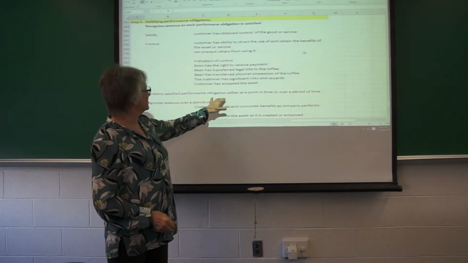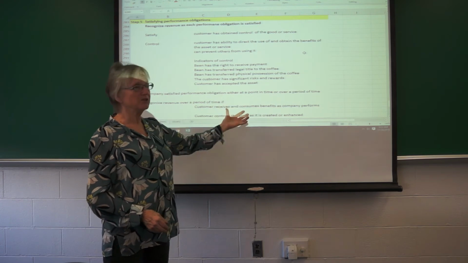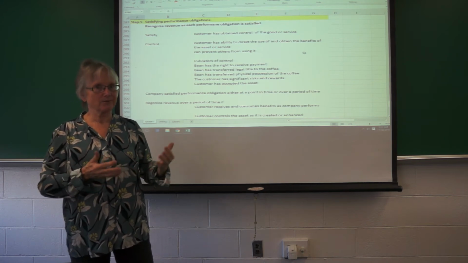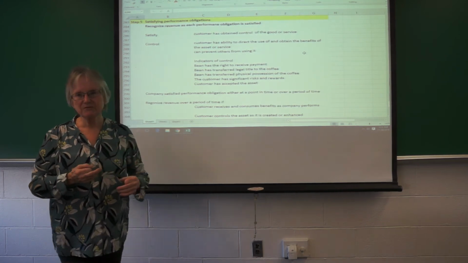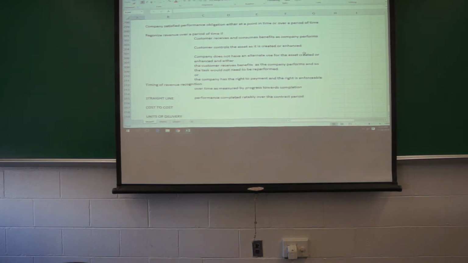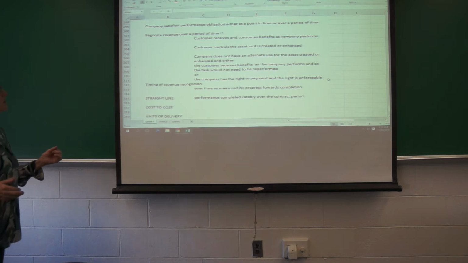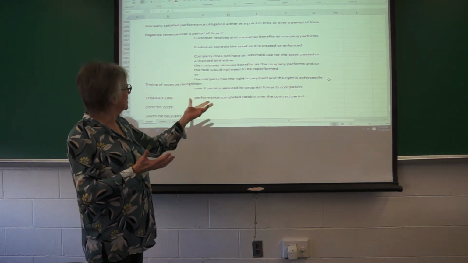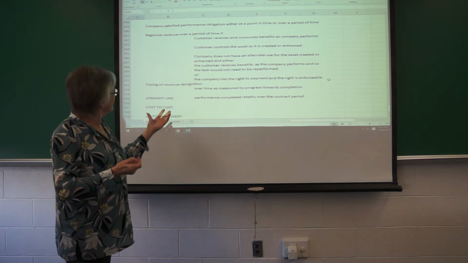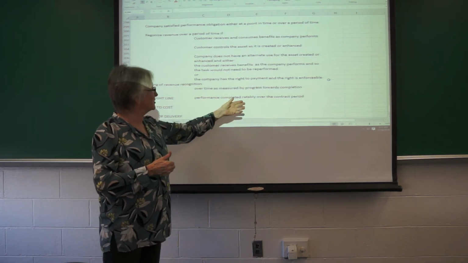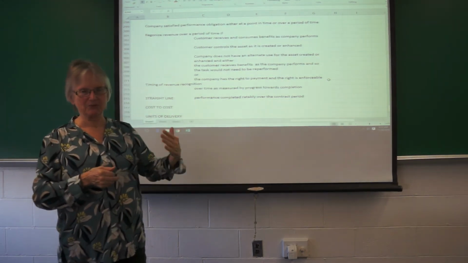The performance obligations could be met at a point in time or over a period of time. The point in time is obviously easy. They're done, you recognize the revenue. But if it's over a period of time, there are different ways that the revenue can be recognized. It can be measured as progress towards completion, which affects the timing of the revenue recognition. It can be recognized ratably, which just means the same amount each time.